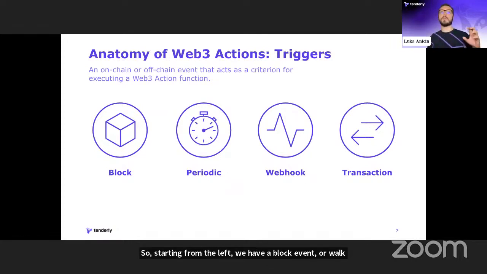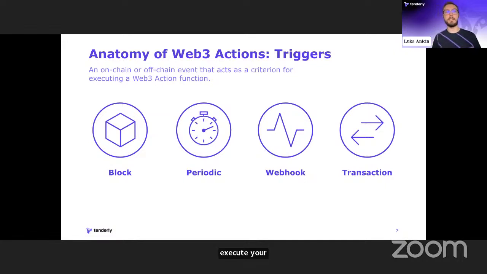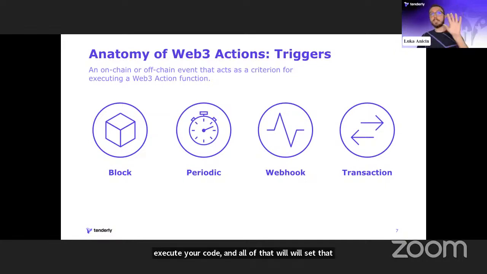This will monitor when something happens on chain, in this case, mining a block. So when the block gets mined and added to the chain, our system will recognize that and then run your code. And you can go into details like selecting the network and selecting how many blocks are going to be mined before we execute your code. All of that we'll set in a bit, but basically that's the first one.